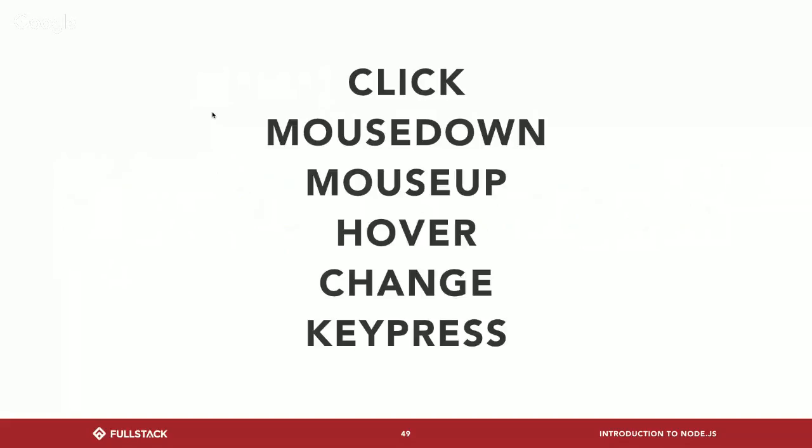There's a bunch of different events you could work with: click, mouse down, hover, changes, key press, any sort of user interaction. You can deal with resizing the browser, really anything that can be captured, you could end up attaching events to.